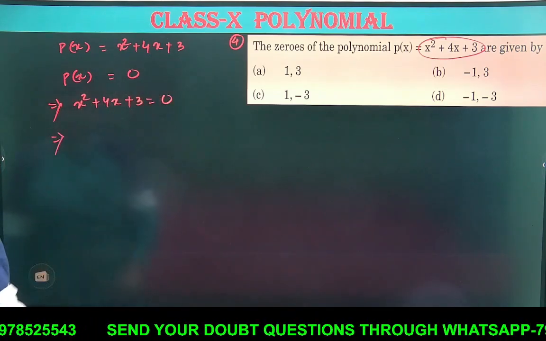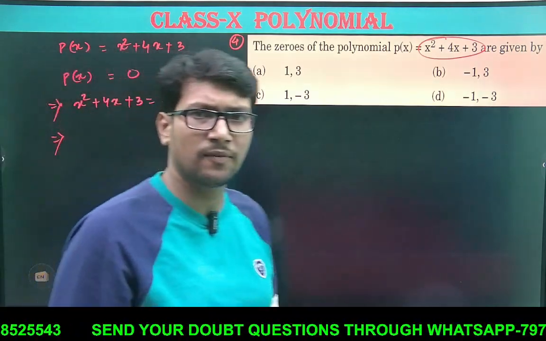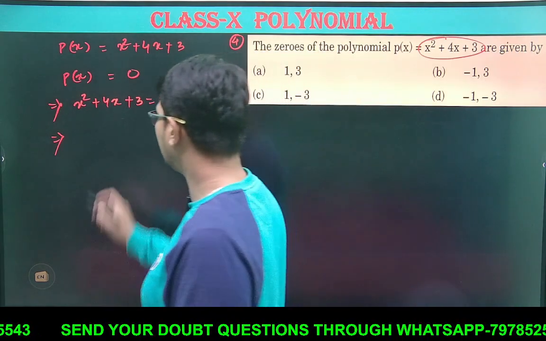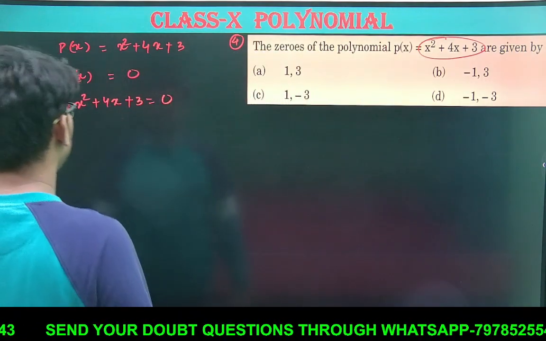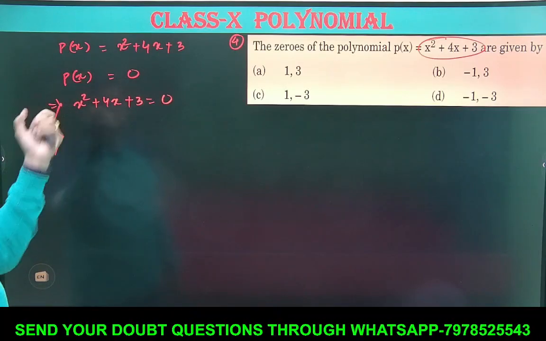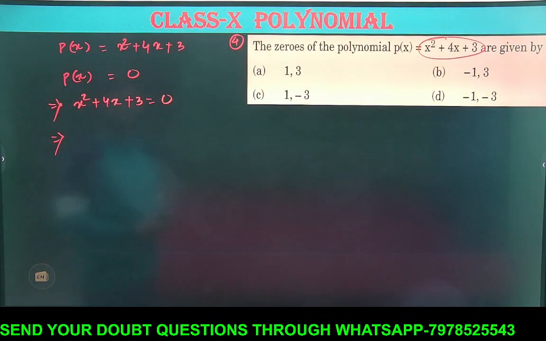You know this is a quadratic polynomial, hence we can factorize by the splitting the middle term method. So we have to split 4x in such a way whose sum will be 4x and whose product will be 3x square.